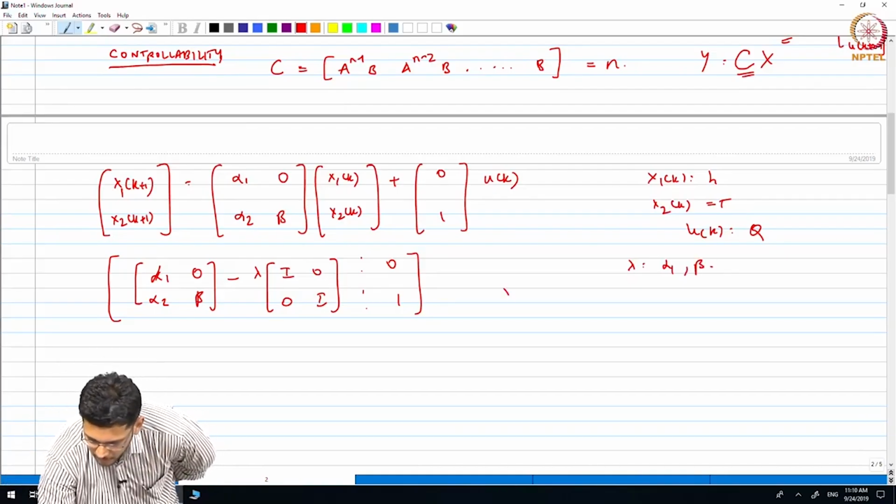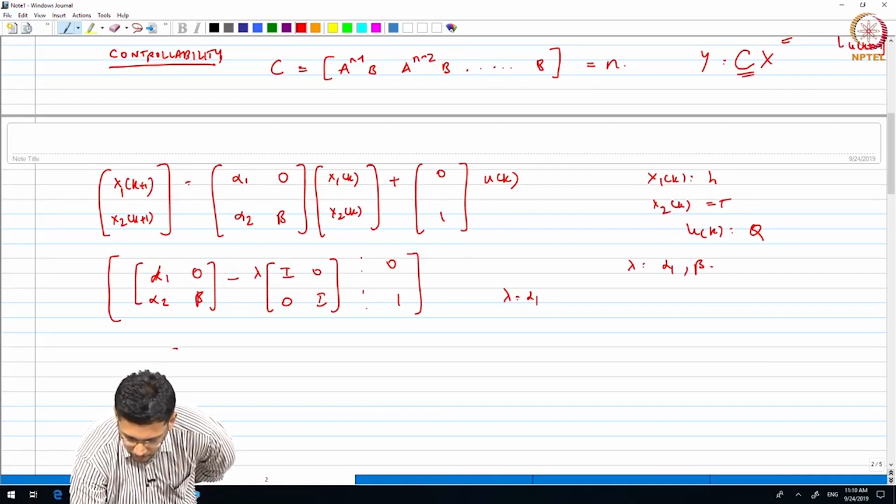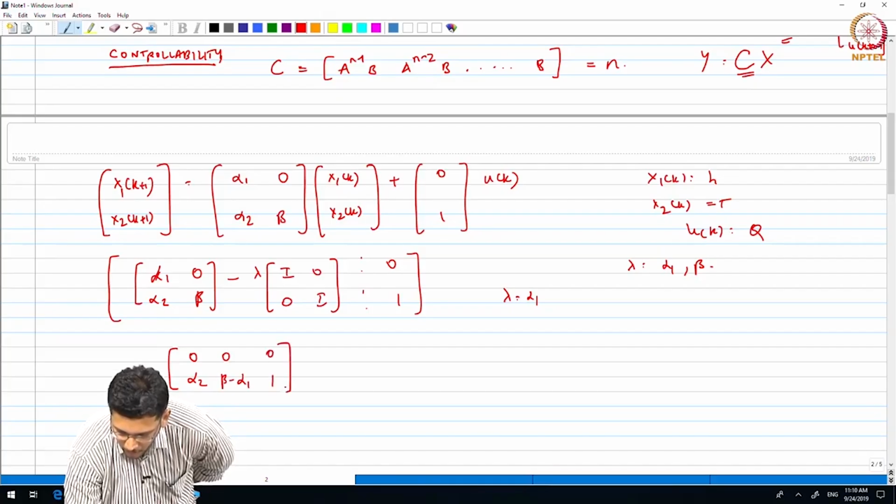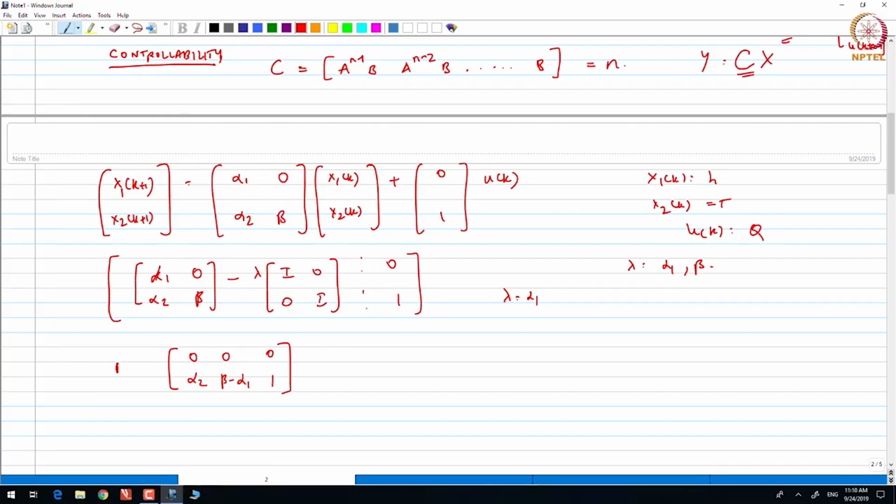When lambda is equal to alpha 1, the matrix becomes 0 0, alpha 2 and beta minus alpha 1, 0 1. Clearly the rank of this matrix is equal to 1. So for lambda equal to alpha 1, your system is not reachable.